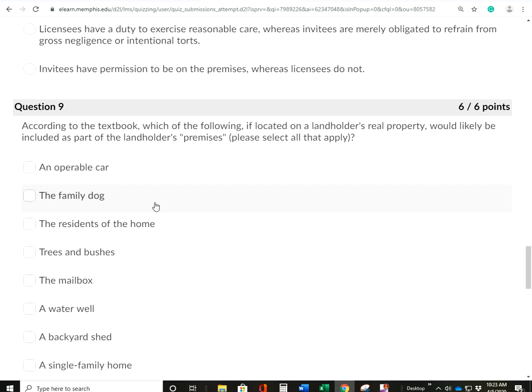Family dog is a living creature. It can come and go from the property theoretically on its own. I didn't think that this dog would be attached or growing from the land itself, so I didn't pick that as an answer. The residents of the home also are living creatures, and they have the right to come and go at will.